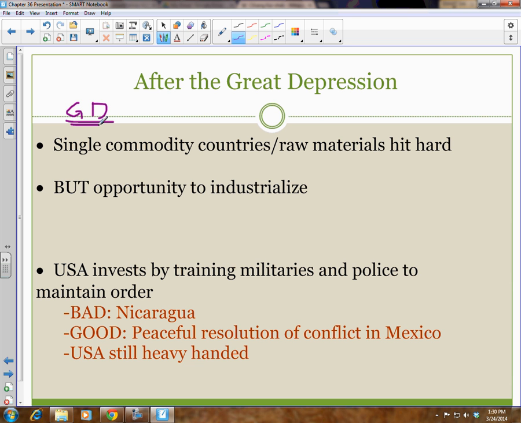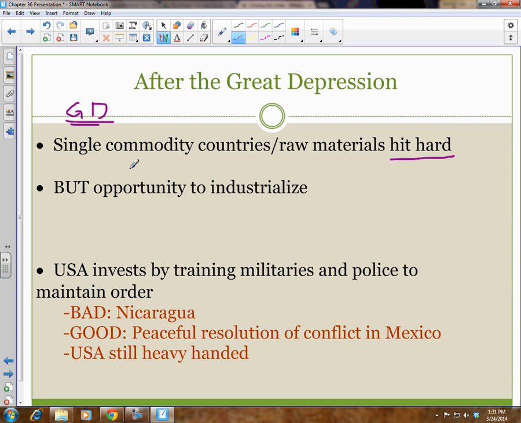With the stock market in ruins, American investors could not sustain their capital investments in the Americas. And this in turn led to rapid deterioration of economic conditions in the states of South and Central America that had relied on exports of raw materials and foodstuffs. So they were hit really hard by the Great Depression.